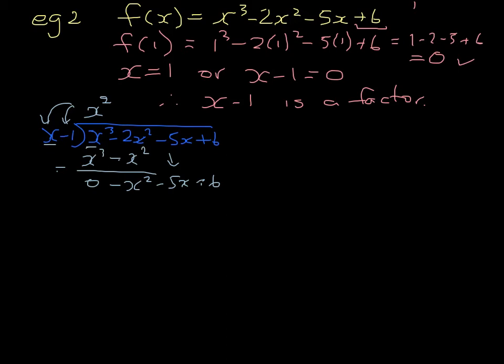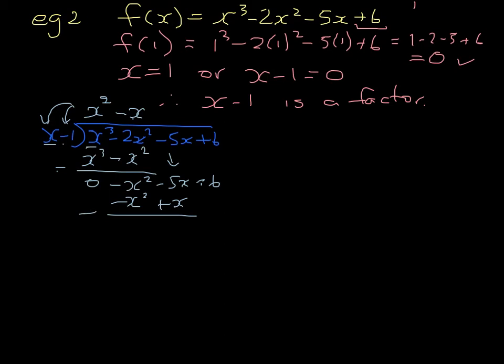And now we move down to this negative x squared, divide that by the x out the front, which gives us negative x. And then again we multiply that answer at the top by what's at the front, and bring the answers down to the bottom. So negative x times by the x out the front gives us negative x squared. The negative x at the top multiplied by -1 will give us positive x.